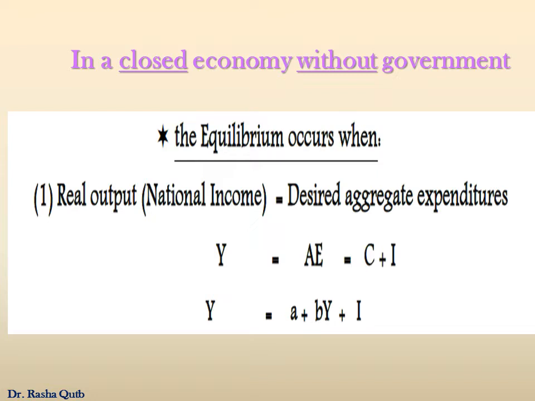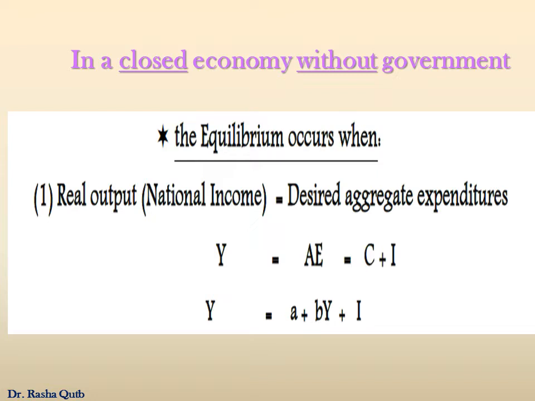Concerning the demand side of goods market, represented by desired aggregate expenditures, it is the total expenditures or spending needed by the active sectors inside the economy in order to buy the final domestic goods produced. In this case, we are in a closed economy without government.